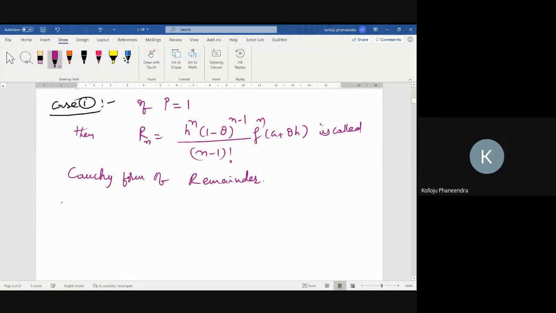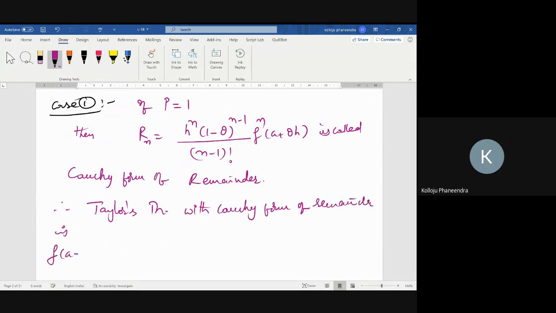Therefore, Taylor's theorem with Cauchy form of remainder is now f of a plus h equal to f of a plus h into f dash a plus h square by factorial 2 f double dash a, and so on, plus h to the power of n minus 1 by n minus 1 factorial f n minus 1 a.